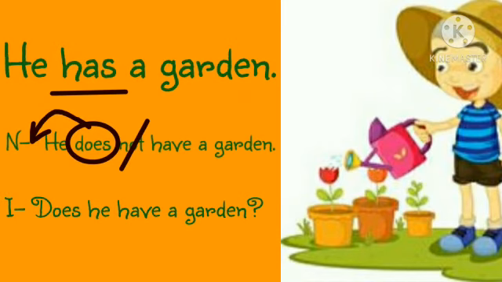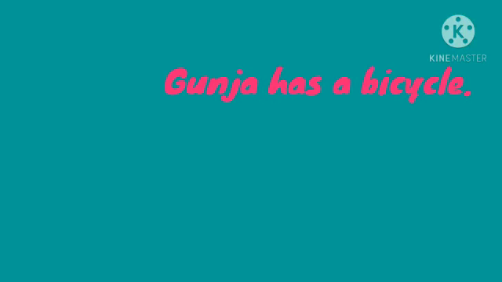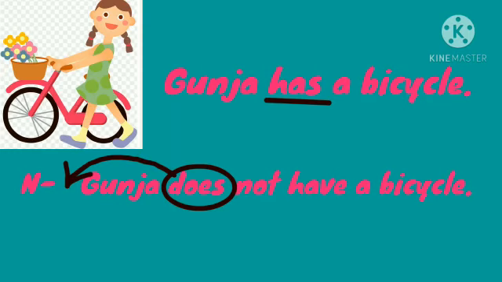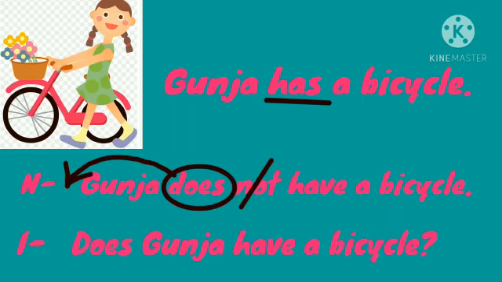Now let's have one more example. Gunja has a bicycle. Its negative form will be Gunja does not have a bicycle. The same process will be followed. We will change the position of does, then we will not write the word not, and then we will write the remaining part of the sentence, and at the end we will put the question mark.